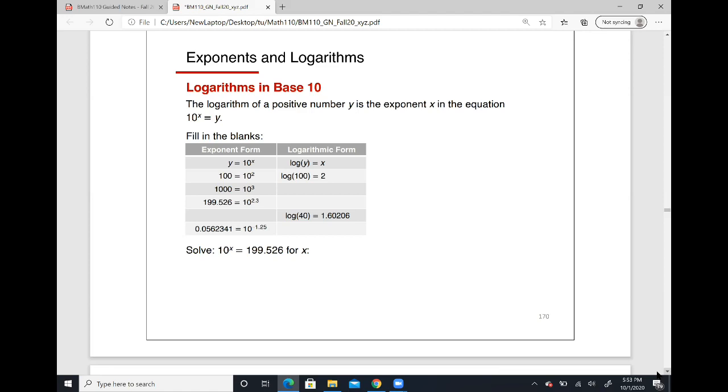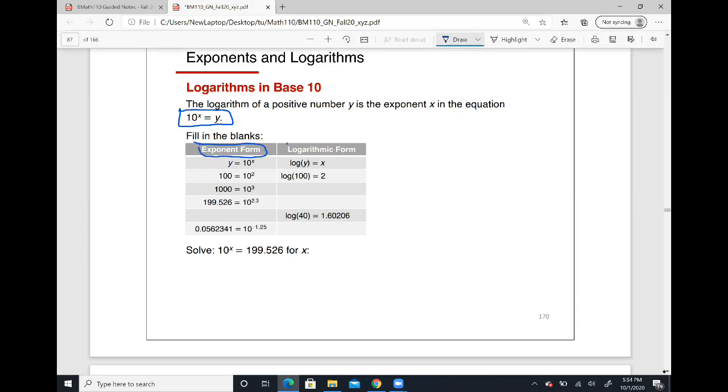Now, in order to get some idea of how to solve this equation, or change it to log form, we're going to have a table with some cases for x and y. On the left-hand side I have the exponent form, and on the right-hand side is the equivalent logarithmic form.